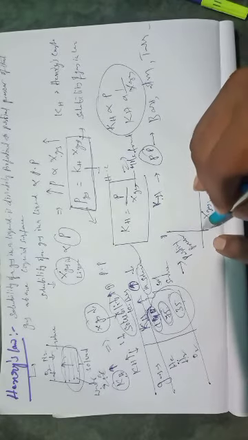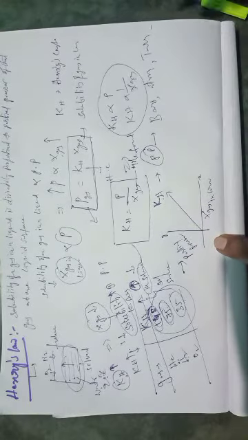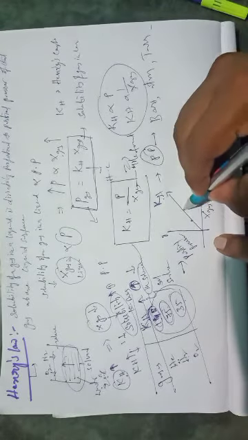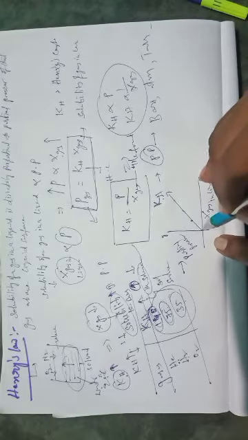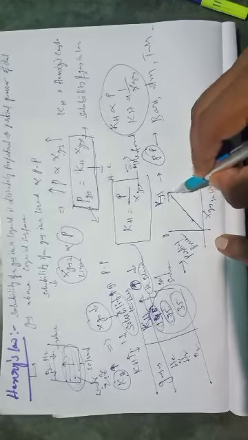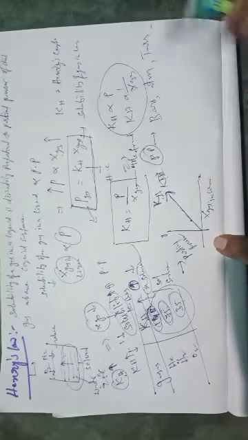The graph is a straight line, and this is the level of kH, Henry's constant.